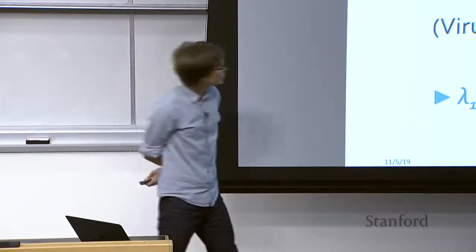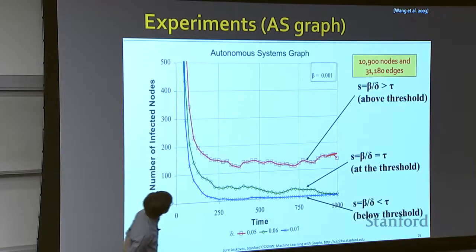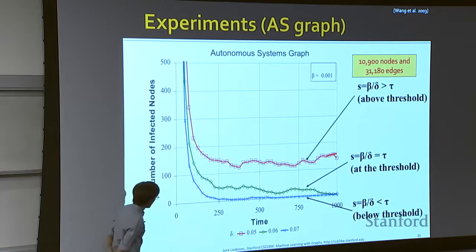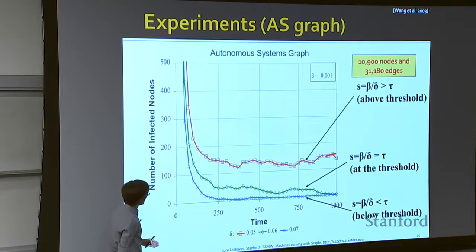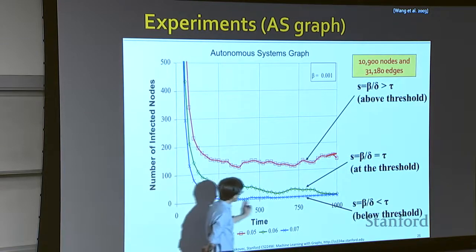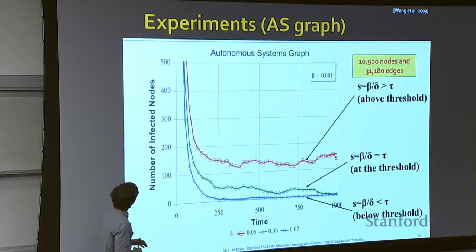Let me show you this with a simulation. Here is a graph on 10,000 nodes and 30,000 edges, where we are simulating the SIS model. This is the first iteration, and then we keep iterating it over time.